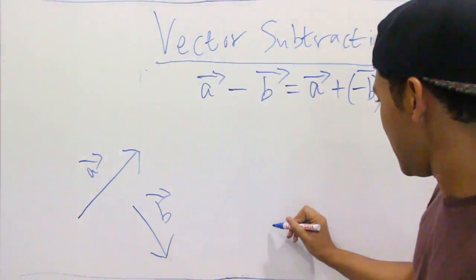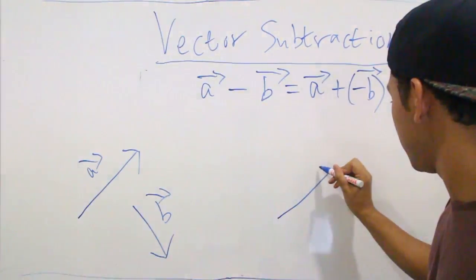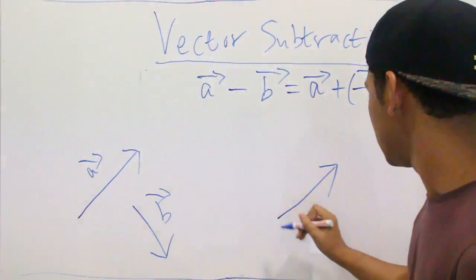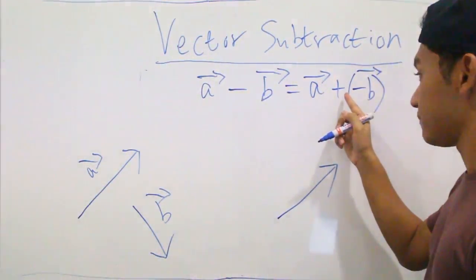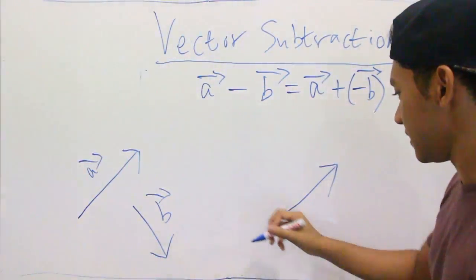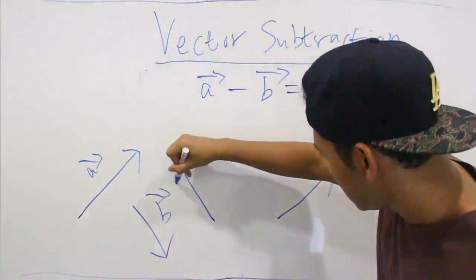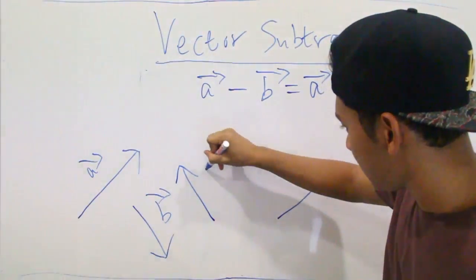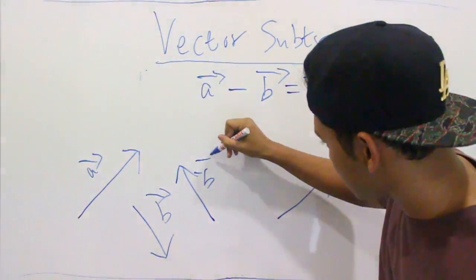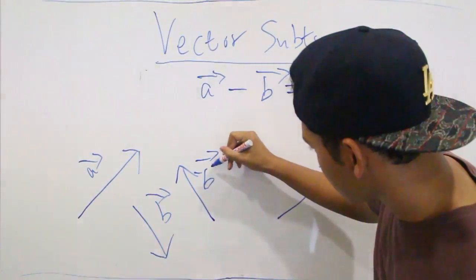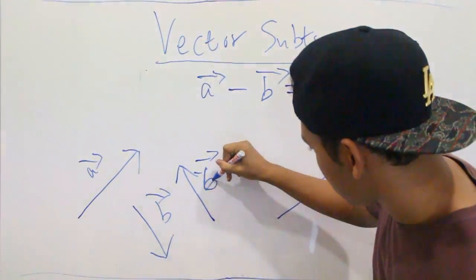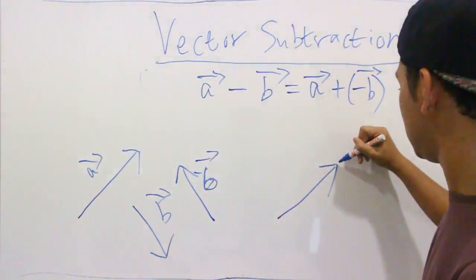Here is vector A. We're putting this head to tail. Add the opposite of vector B. Now the opposite of vector B goes this way, like this. This is the opposite of vector B, head to tail.